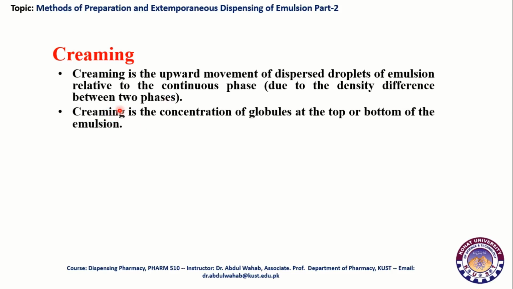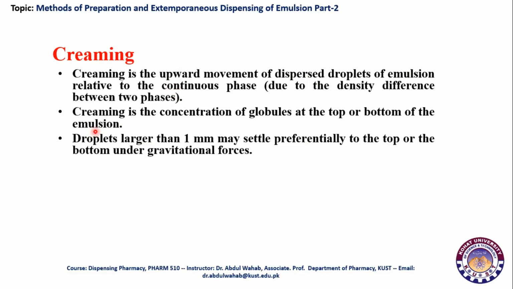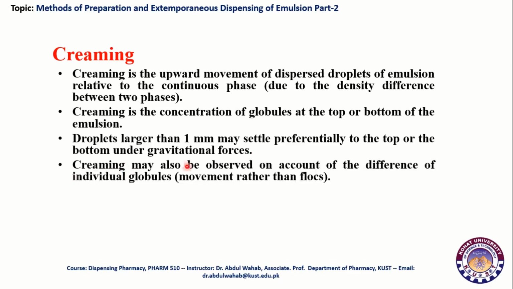So the creaming may be upward or it may be downward. Droplets larger than 1 millimeter may settle preferentially to the top or the bottom under gravitational forces. Under gravitational forces, creaming may also be observed on account of the difference of individual globules movement rather than flux.